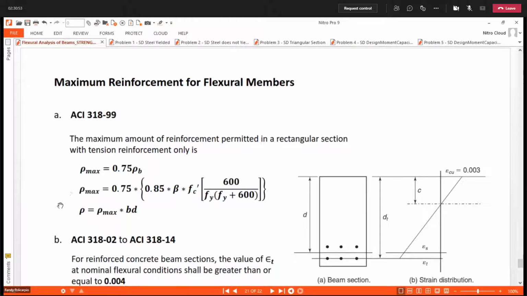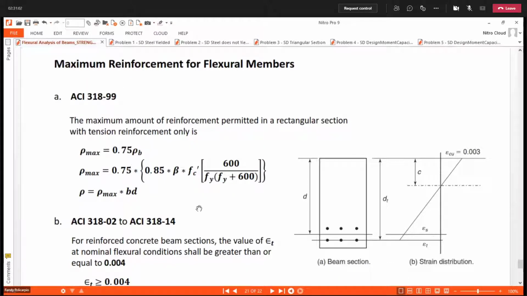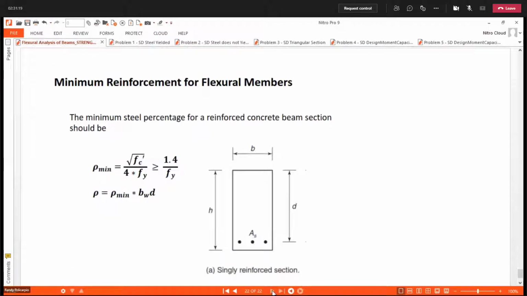Pag kukunin mo yung maximum steel ratio using raw max, all you need is multiply raw max by B multiplied by D. Okay, so this formula is only good for rectangular or square. Kasi you have your BD. Pero kung triangular, iba yung BD natin. Ano pa ba? I think that's the end of my presentation.